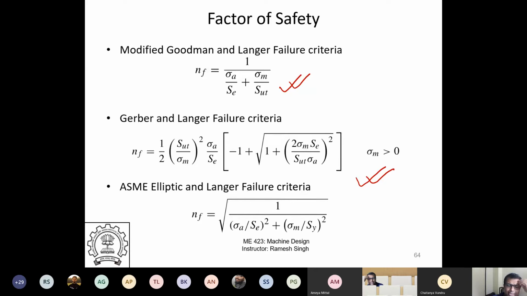You solve the equation, and we'll show you both graphically and using these equations. Elliptic and Gerber are also tested against the Langer failure criterion, because there is a critical line. Above that critical line, most likely you will have a fatigue failure. Below the critical line, most likely yield would occur.